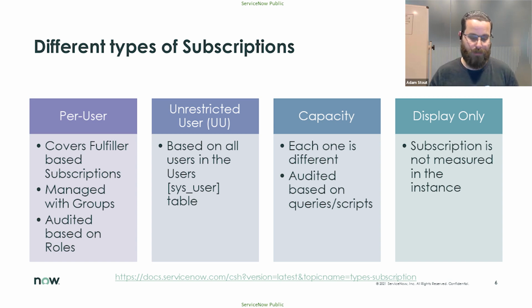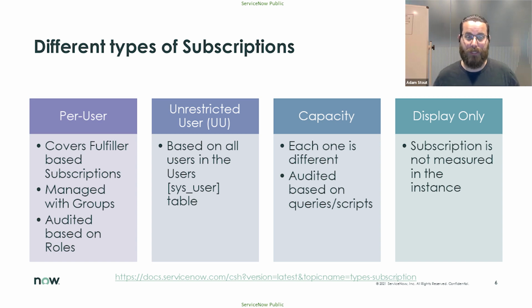So if we're looking at something in the ITOM space and SecOps, we're paying per device or with subscription units. Those are capacity, where we run a query or a script and get a count of something. Really important note here. Every one of these capacity definitions, it can be different. They certainly share some, but it's very important to understand what the product code is, what you purchase, so we can get you the right answer if we do have a question about a capacity definition.